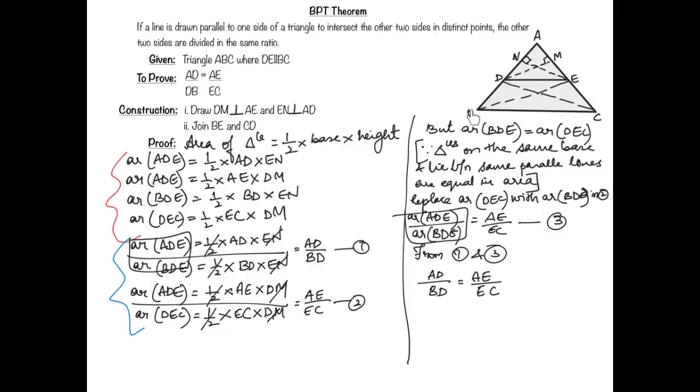But the area of triangle BDE and DEC are equal because they lie on the same base and between the same parallel lines. Therefore, we have replaced area of triangle DEC with area of triangle BDE in our second result. So our left hand sides are equal when you look at the first result and the third result. When the left hand sides are equal, the right hand sides are automatically equal. Therefore, we have proved it.